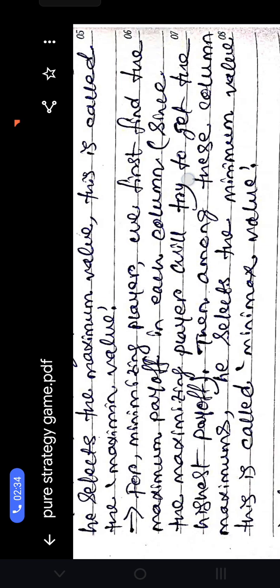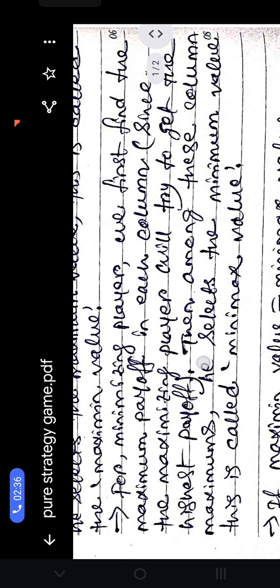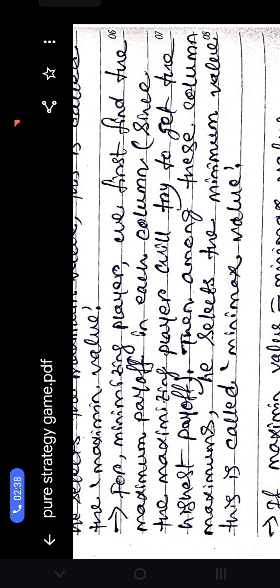And for the minimizing player, we first find the maximum payoff in each column, since the maximizing player will try to get the highest payoff. Then among these column maximums, he selects the minimum value. This is called the minimax value.